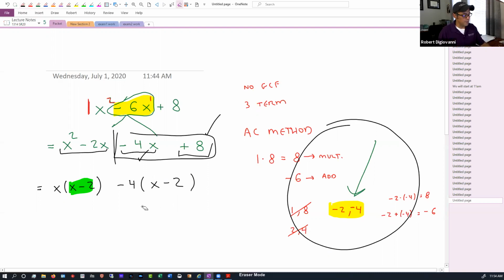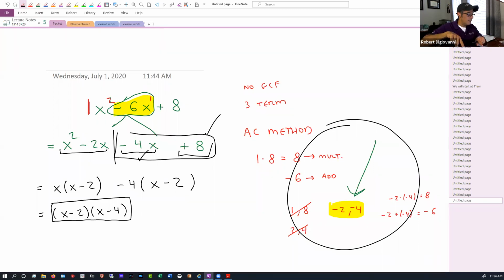Either way, you get to the same result, and that is this line right here. And now that those 2 things match, we write down the thing that matches, another set of parentheses, and then we write the 2 things in front, and we are done. And if we FOIL this out, we should get back the original problem.